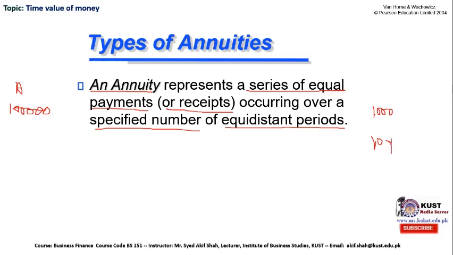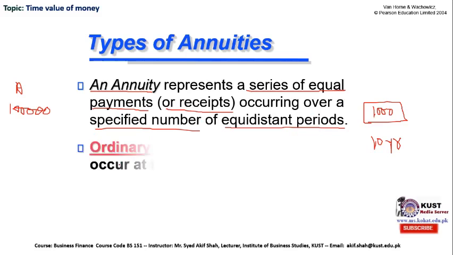Then this $1,000 at the end of each financial or accounting period will be known as an annuity because it is an equidistant payment by the bank to the investor. So now I hope that the annuity concept has been clear to the students.